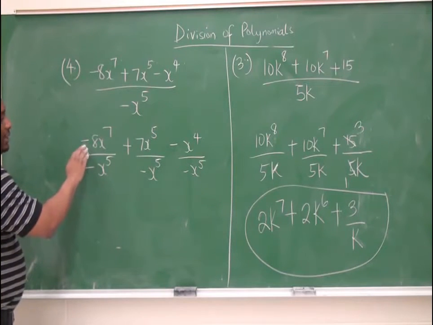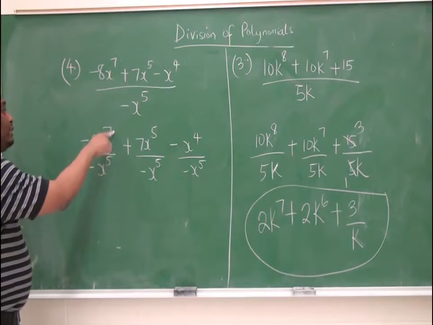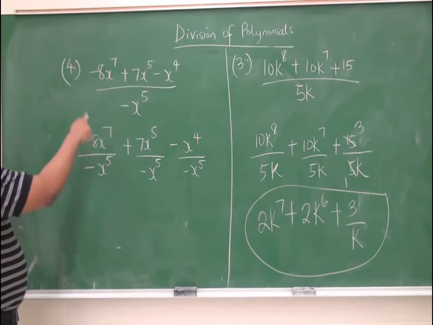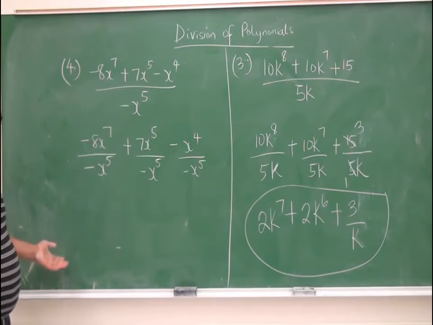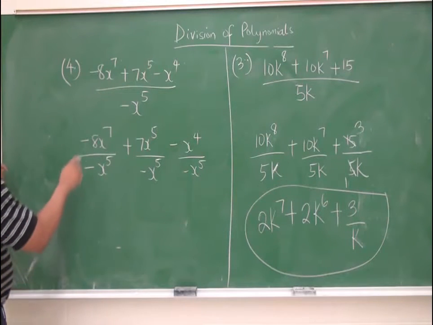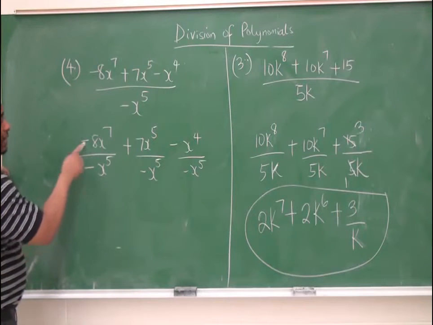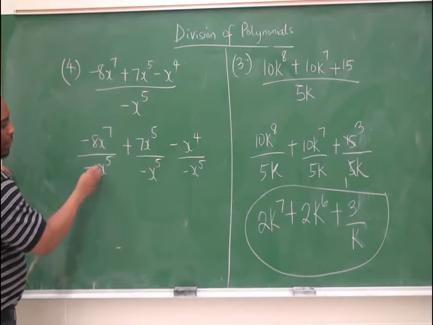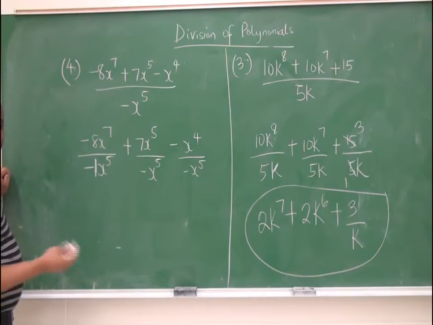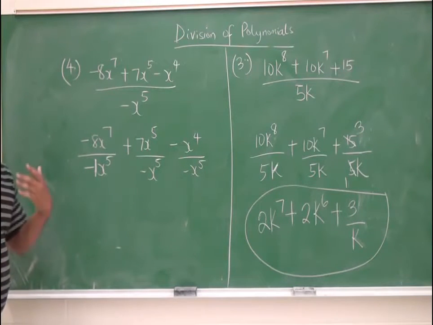So negative or minus, you can say minus 8x raised to the power 7, or you can say negative 8x raised to the power 7. It is the same thing. So negative divided by negative, or minus divided by minus is plus. Then 8 divided by 1, because this means like 1x raised to the power 5. But we do not write 1.